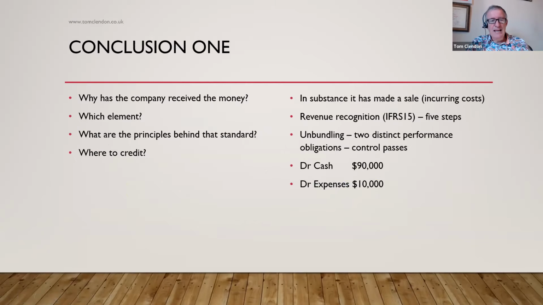So in understanding this, yeah, we've made a sale. There are 5 steps. We've got to unbundle this, and we are physically receiving 90,000 in cash, and we've suffered expenses of 10. So we've identified the transaction price to be 100,000.